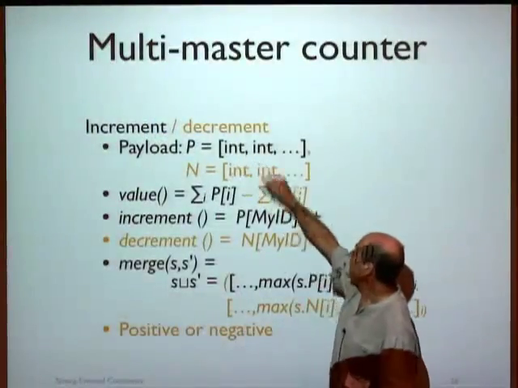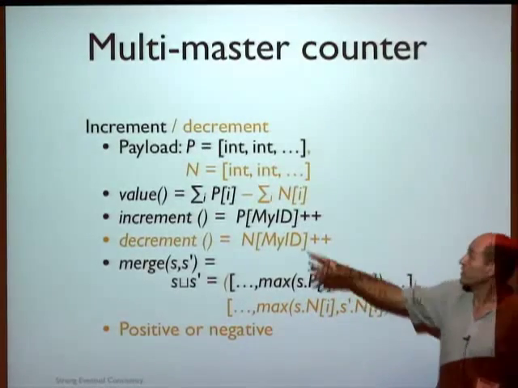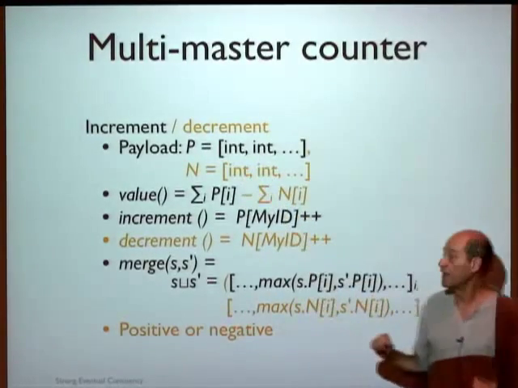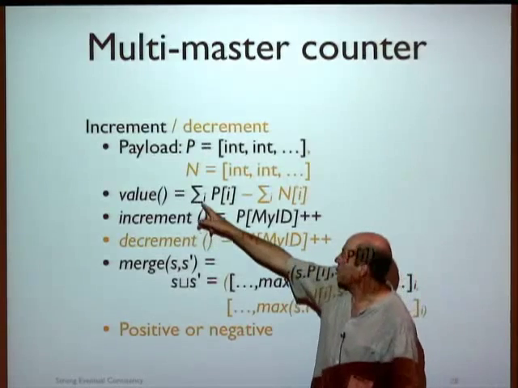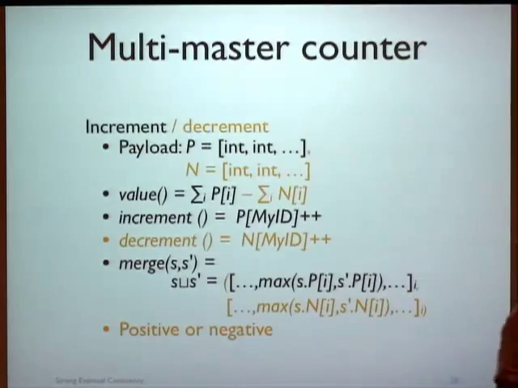So to increment, I will increment this guy, and to decrement, I will increment this guy, my entry in this vector, right? And the value is going to be the value of this one minus the value of that one. Okay. So it's more complicated than you would have thought, right? There are other ways of doing this, but they're even worse.